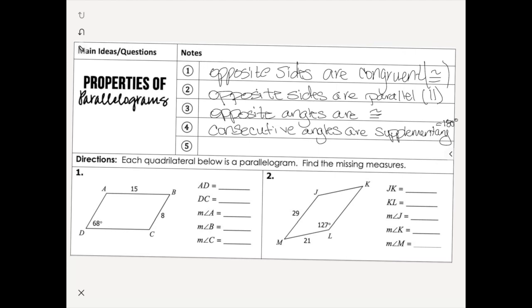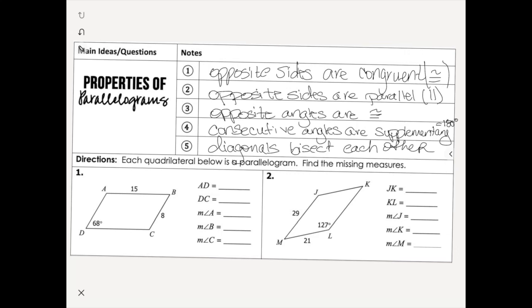And then diagonals bisect each other. So the diagonals bisect each other. That's the fifth property.